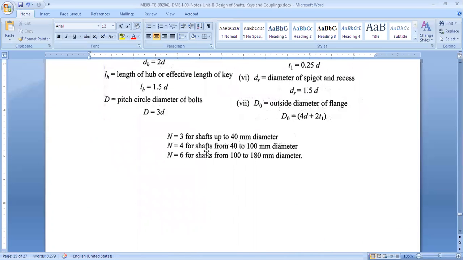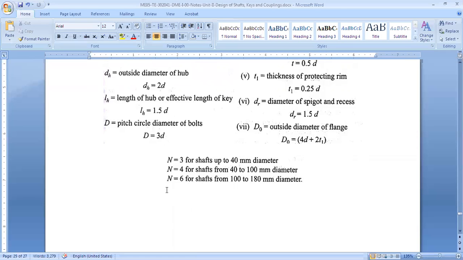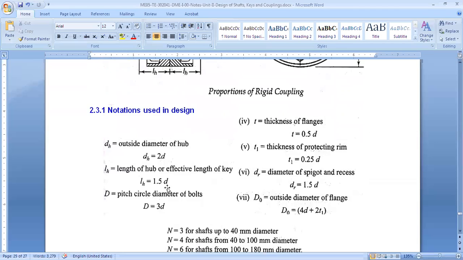Now n, as I said, is the number of bolts: 3, 4, 6 depending on the diameter or the application, right? If the diameter of the shaft is up to 40 mm, we use 3 nuts and bolts. From 40 to 100 we use 4, and for more than 100 up to 180 we use 6. For more than 180 we use 8 bolts.